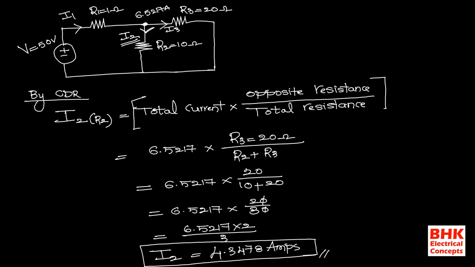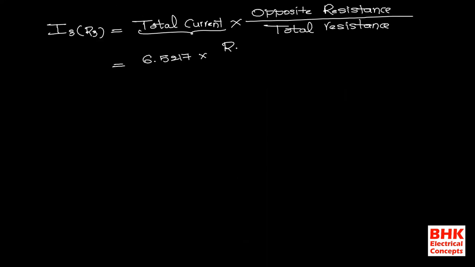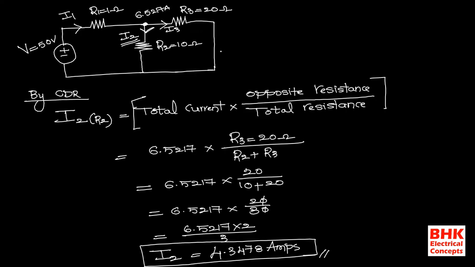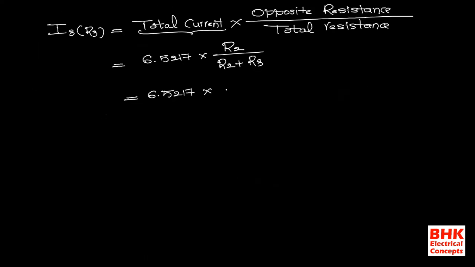Now R2, the opposite resistance, divided by the addition of R2 and R3, will give the total value of resistance. Now 6.5217 into the value of R2 is 10 ohms, R3 is 20 ohms. Now substitute these two values. So R2 is 10 divided by R2 10 plus R3 is 20.